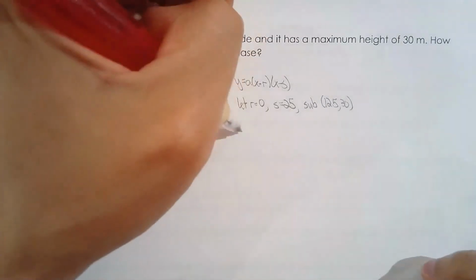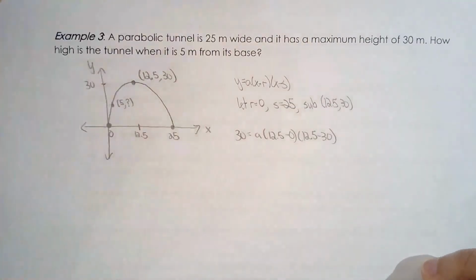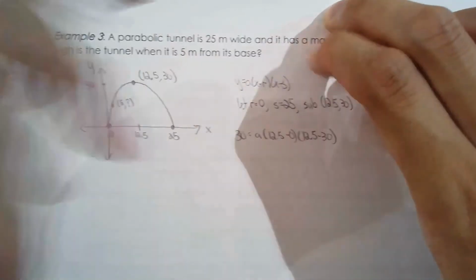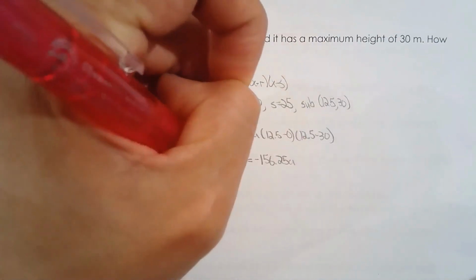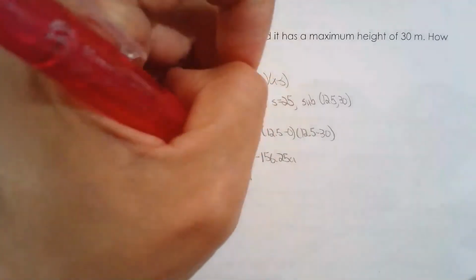Okay. I won't skip a step. Okay, so this is negative 156.25a. So 30 divided by that will be negative 24 over 125.